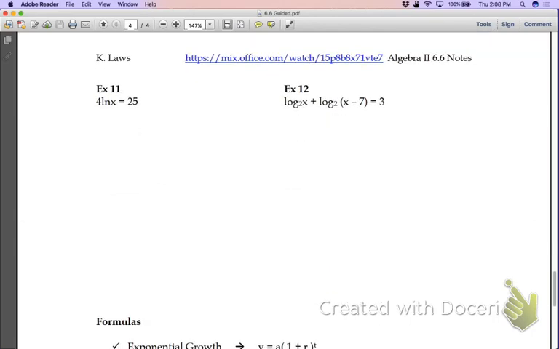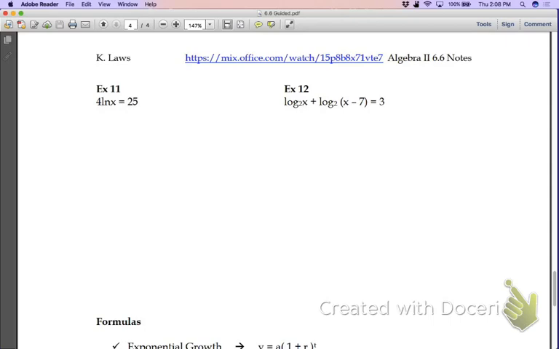Now, the one I want to show you, the 11 I'm just going to turn into E, okay? But 12 is where I'm going to have to actually condense this back down, and that's okay. So if I have log base 2 of x plus log base 2 of x minus 7 equal to 3. The only thing that's different here is I can't just move the log base 2 of x minus 7 over to the other side because I have that 3.